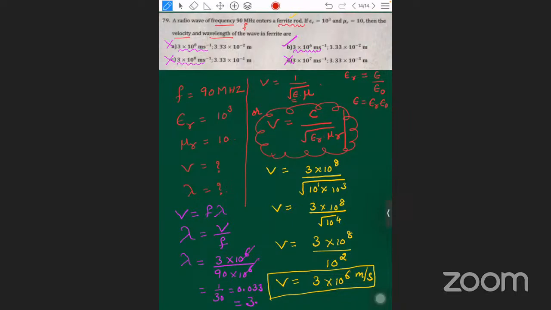This can also be taken as 3.33 into 10 power minus 2 meter wavelength. So the speed of the wave will be 3 into 10 power 6 meter per second, and the wavelength will be 3.33 into 10 power minus 2 meter. So you can tell which is the right option. Option B is the right answer.